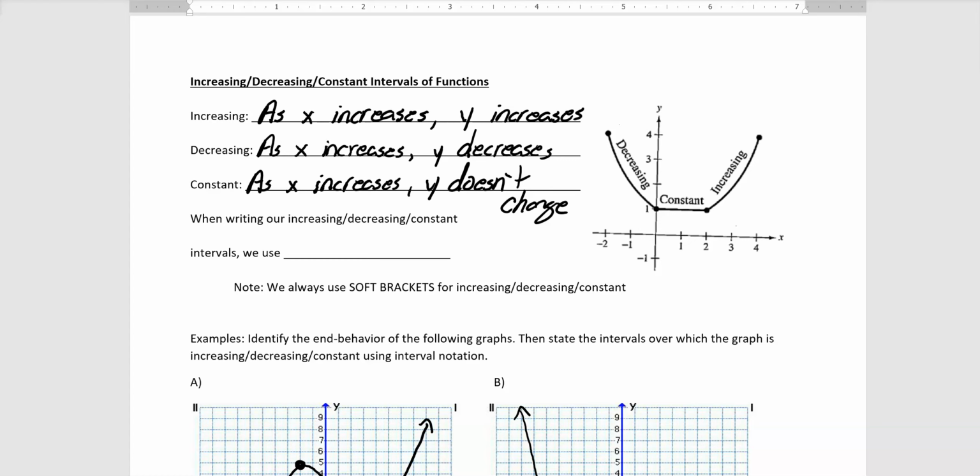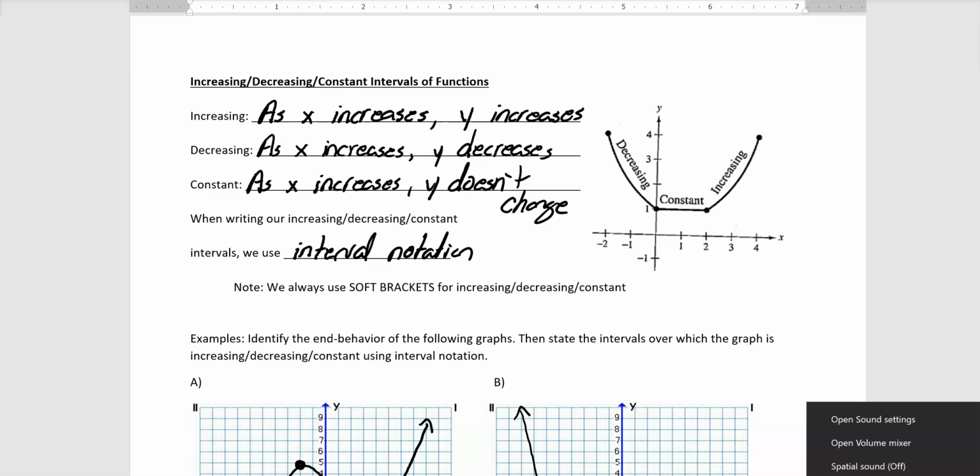All right, when writing our increasing, decreasing, constant intervals, we use interval notation, since they are intervals. And note that we always are going to use soft brackets. Even if we have closed circles here, we're going to use soft brackets because at that point, it's neither increasing, decreasing, nor constant.